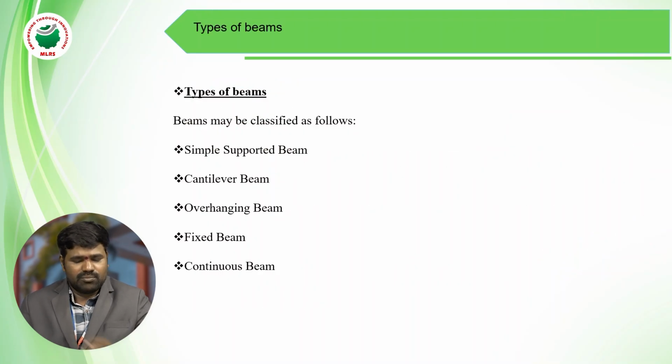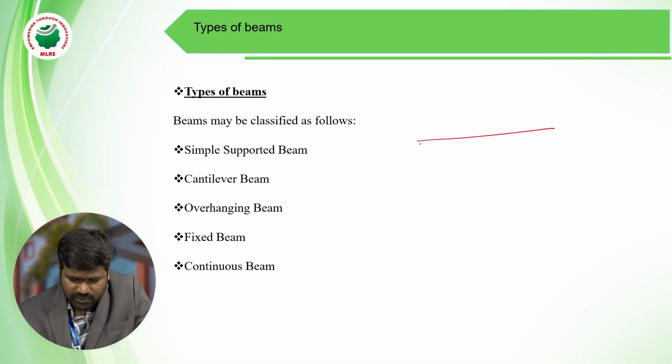Types of beams. Beams may be classified as there are 5 types. First one, simply supported beam. Draw the simply supported beam.